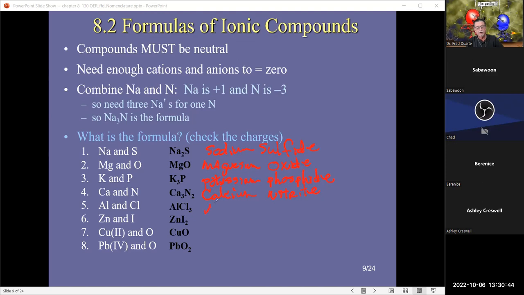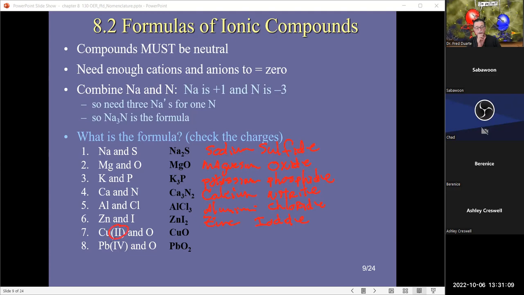And then we got aluminum chloride. Okay, then we got zinc iodide, IDE.